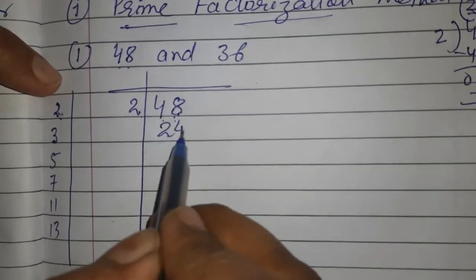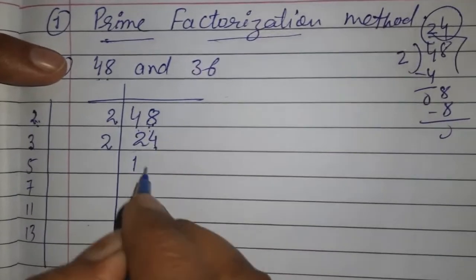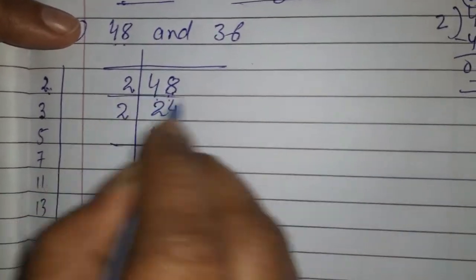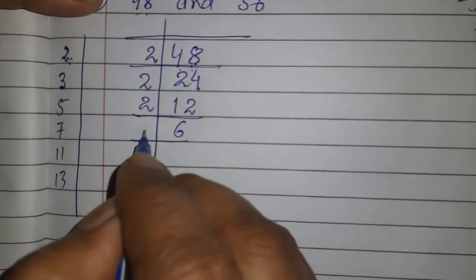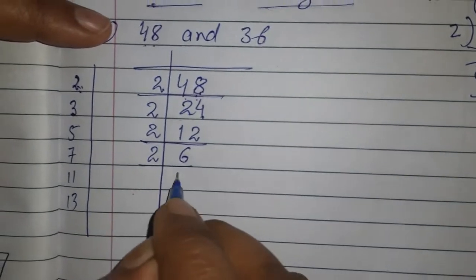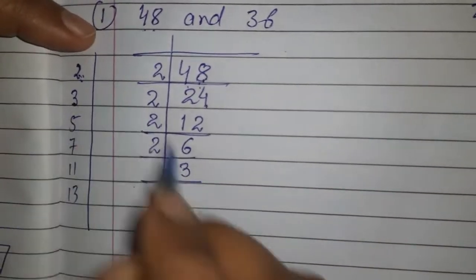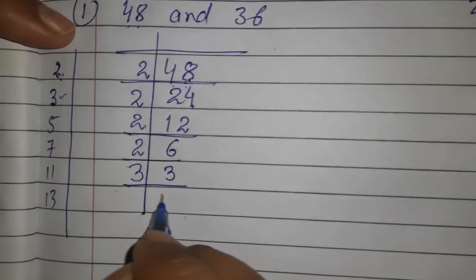Yes, because it is an even number. 2 1s are 2, and 2 2s are 4, so 12. Again 12 is divisible by 2. Yes, 2 6s are 12. Now is this 6 divisible by 2? Yes, 2 3s are 6. And after that, is this 3 divisible by 2? It is not divisible by 2. So what is next? 3. So take the 3. 3 1s are 3.